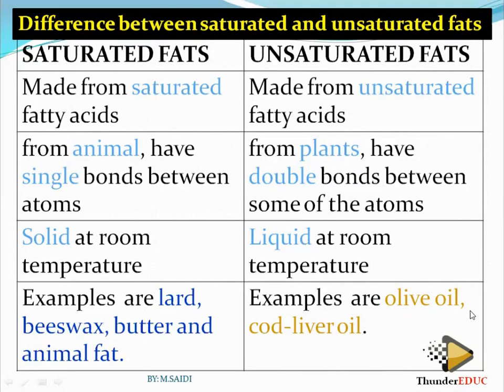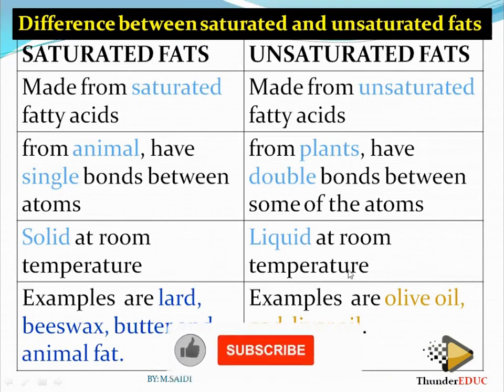You have olive oil, sunflower oil, a lot of oils from plants. You need to know at least some of the differences between saturated and unsaturated fats. The major difference: this one has single bonds throughout, this one has a double bond somewhere, and this one is solid at room temperature, while these ones are liquid at room temperature.